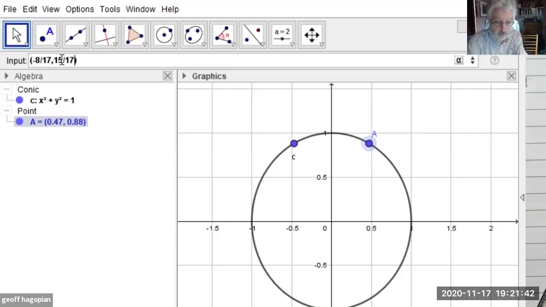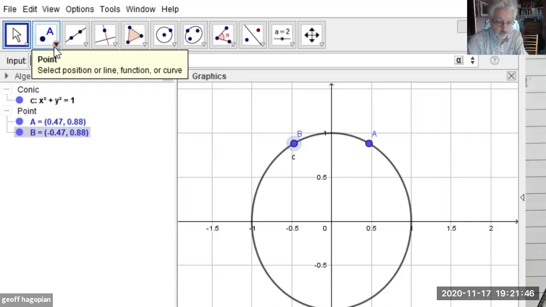Sorry, find my 17. Yeah, and we can also reflect in the x-axis, right? So we have 8/17, comma, -15/17 down there, right?